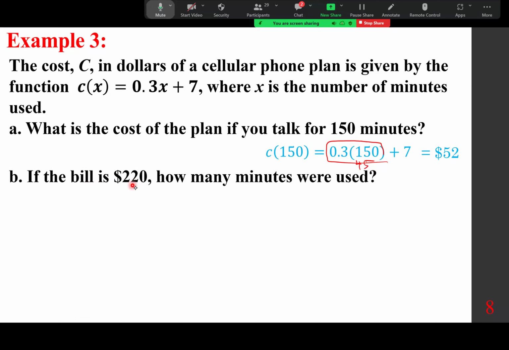If the bill is 220 bucks, how many minutes were used? So the cost is replaced with 220, find x. That's the idea.